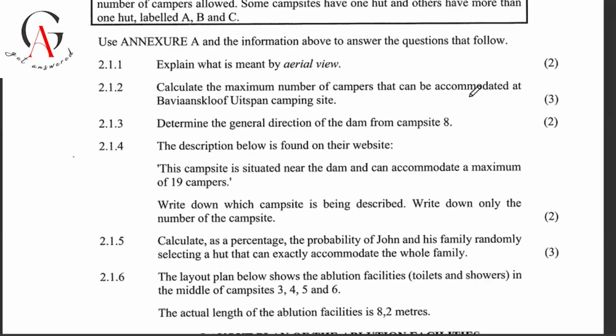It says, explain what is meant by an aerial view. An aerial view is the image seen from above, or some people call it the bird's eye perspective.